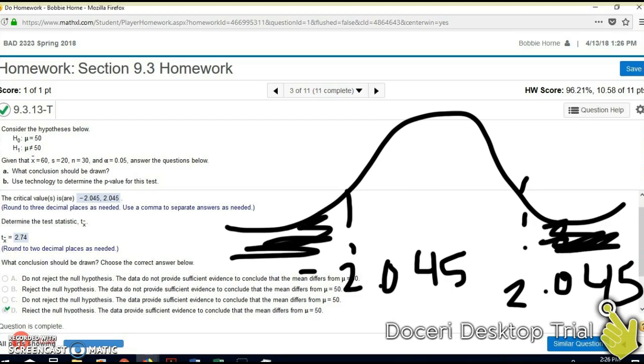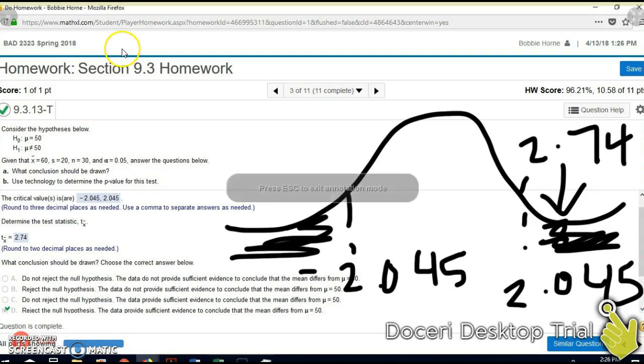Okay, so our test statistic is 2.74, which would be above 2.04. So we can reject it because the data provides sufficient evidence that the mean differs from what the null is. Since we're rejecting it, that means we're finding evidence that it is different from the null. We're rejecting the null.